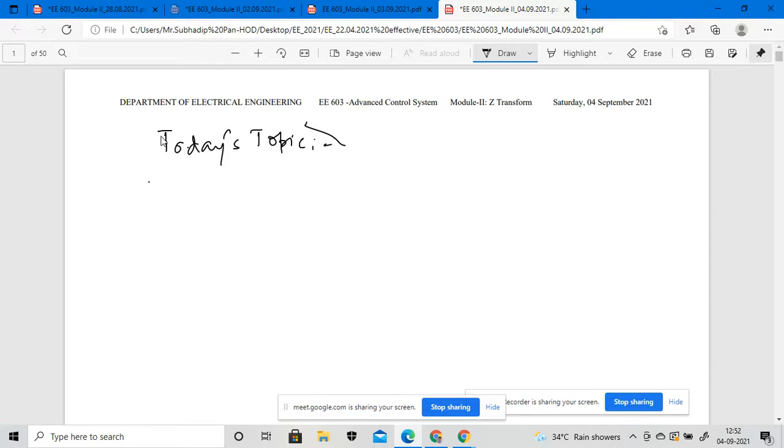So today's topic is the shifting theorem. What is the shifting theorem? The shifting theorem is associated with the translation of a Z transformation.